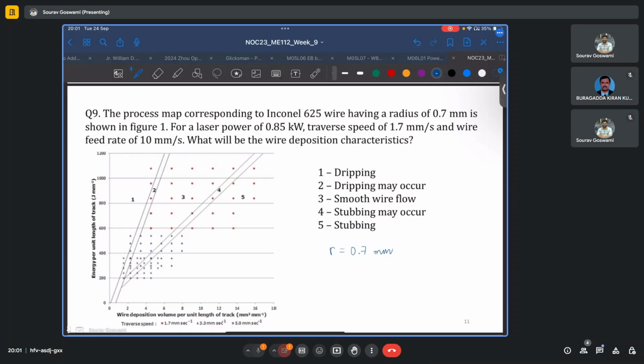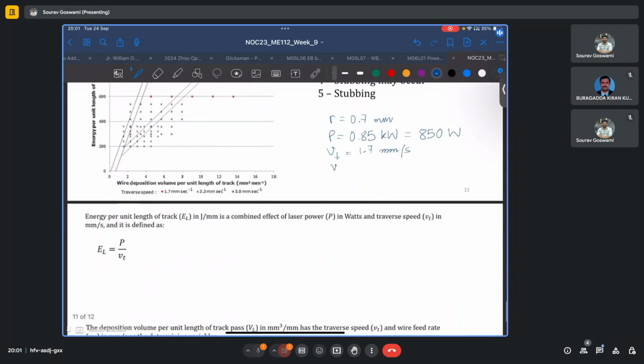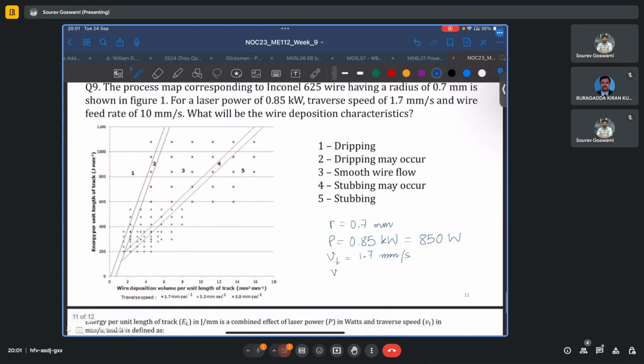The power is 0.85 kilowatt, which is 850 watts. The traverse speed, say if we denote it by Vt, is 1.7 millimeter per second, and the wire feed rate, if we denote it by Vw, as per the notation of the slides, is given as 10 mm per second.